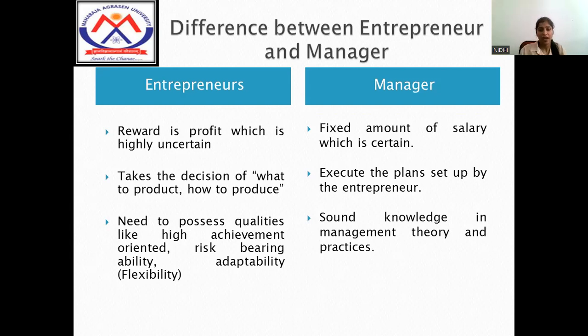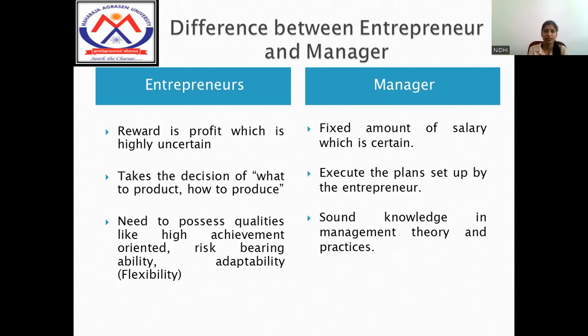The manager's salary is completely fixed and certain at the time of his joining and appointment. It is already set up by the higher authorities: his perks, allowances, basic pay, and salary are all fixed, and the manager will get a fixed amount of salary.